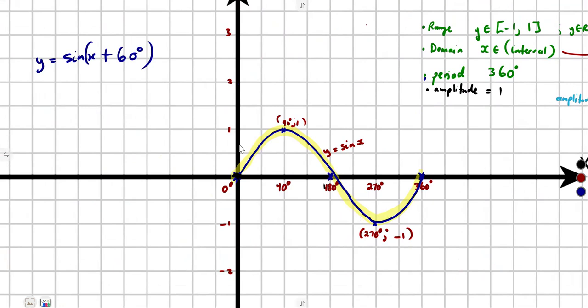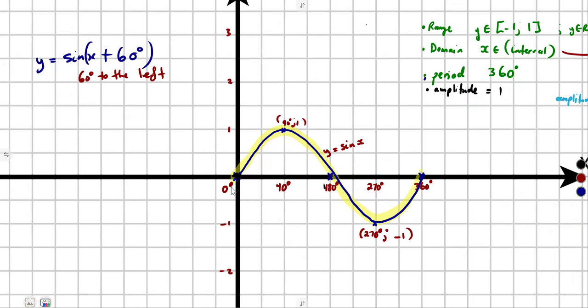But remember, this is a horizontal shift. The graph is shifted going to the left, 60 degrees to the left. So what does it mean? I'm going to work with the critical values, the points that we have there.